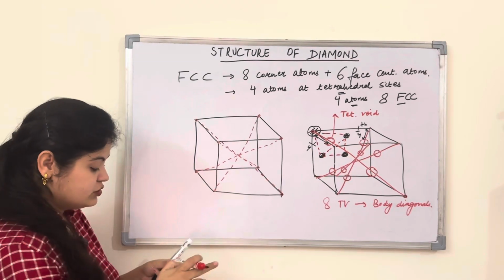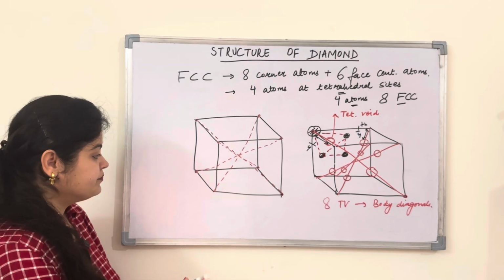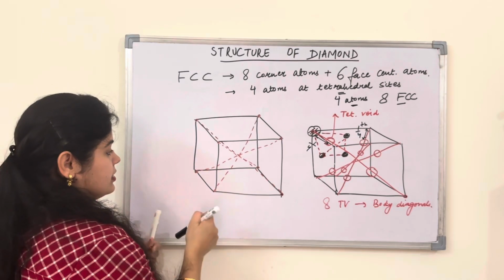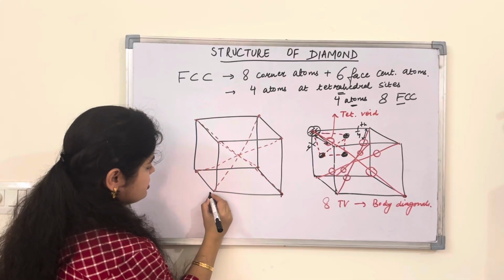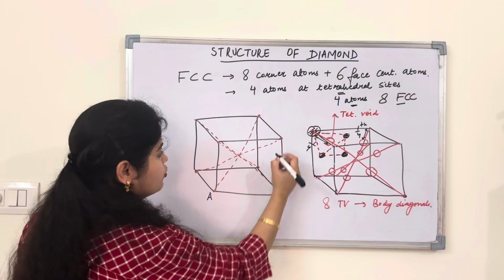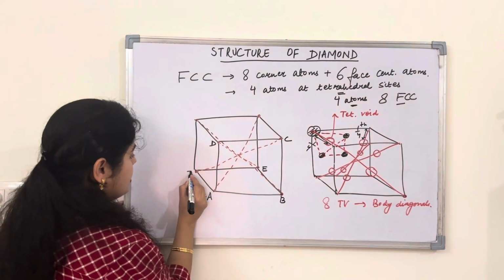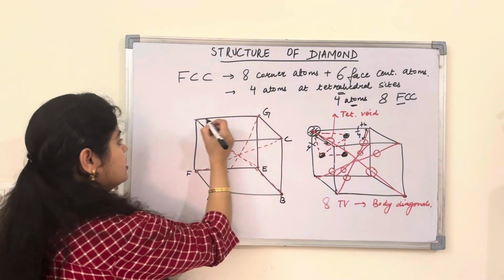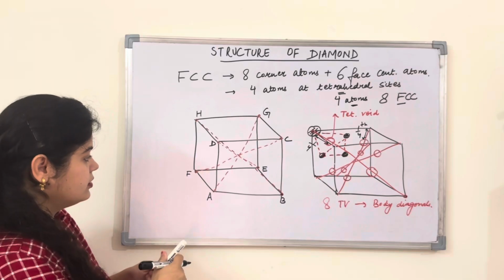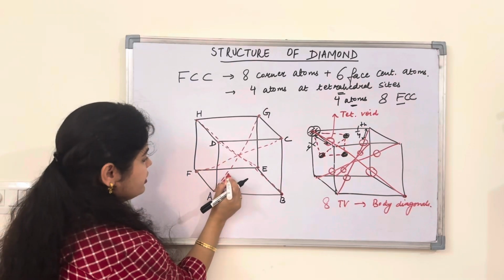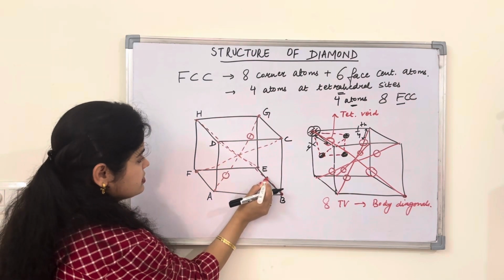Now we have to start with the alternate positions. That means I'll just label this cube A, B, C, D, E, F, G, H. So there are tetrahedral voids on all these locations.